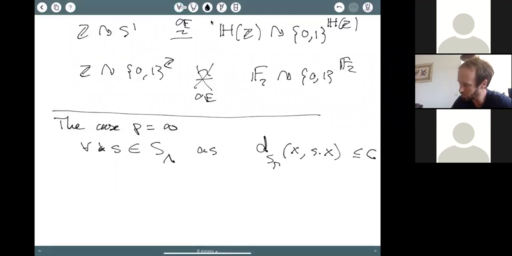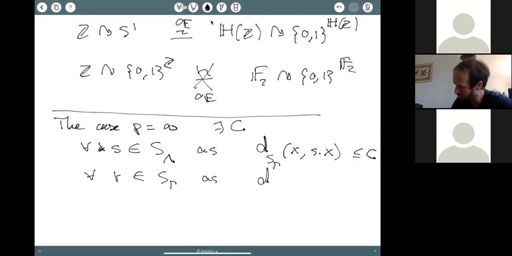So there exists a constant c. And you have the same thing for every t in S_Γ: the distance between x and tx is less than c, and here it is for S_Λ.